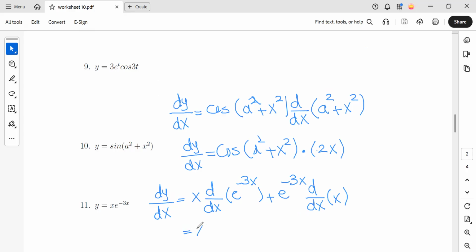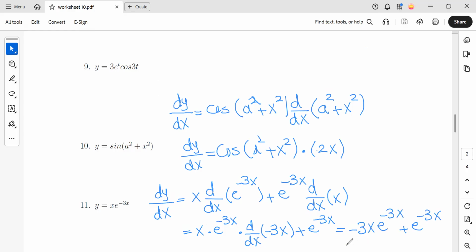It will be x, and we know that the derivative of e to the x is a copy of that times the derivative of the power, plus, and we know that the derivative of x is just 1. So, and the derivative of negative 3x is negative 3. We would rewrite it as this part, and we can factor out e to the power negative 3x from the whole thing, and we're left with negative 3x plus 1.